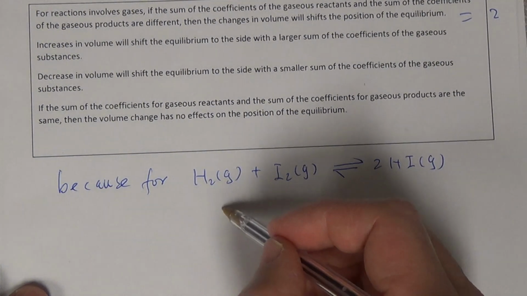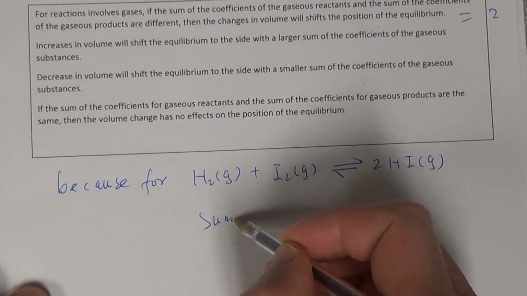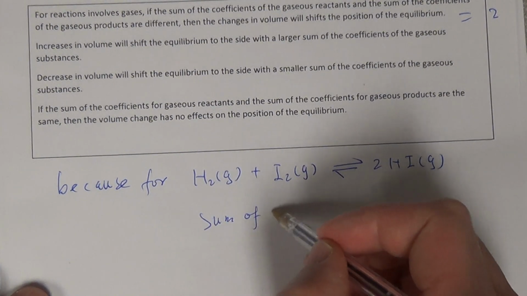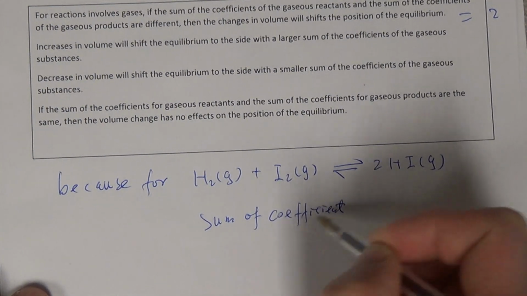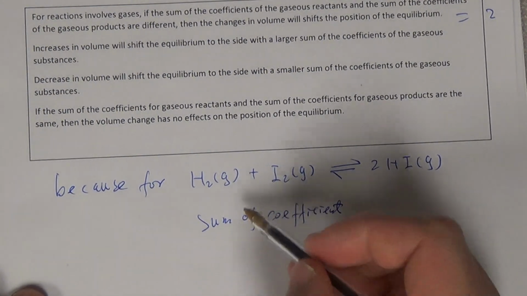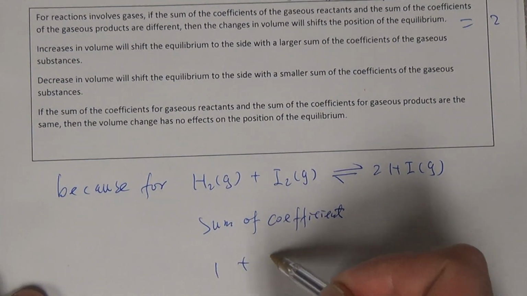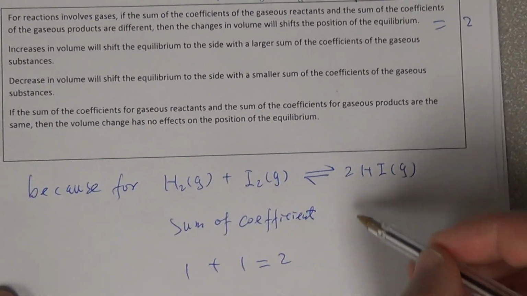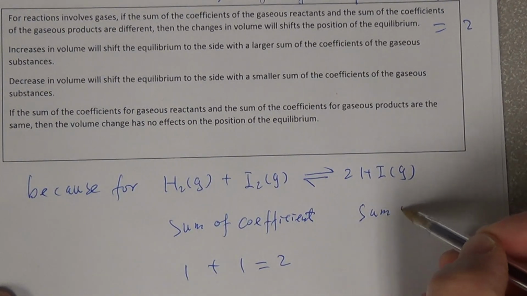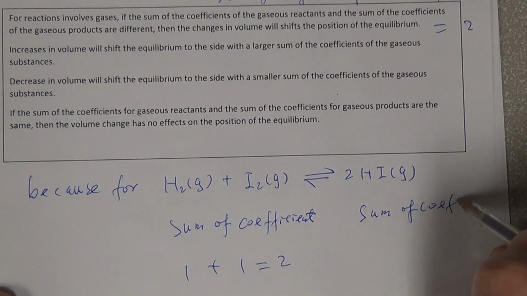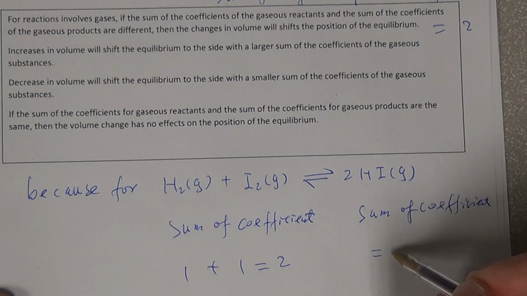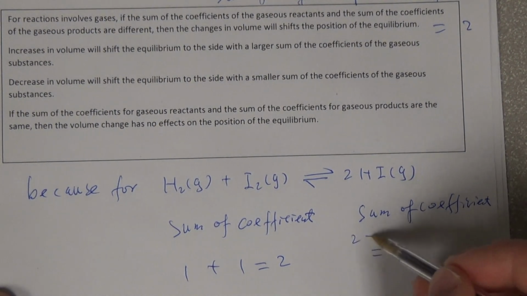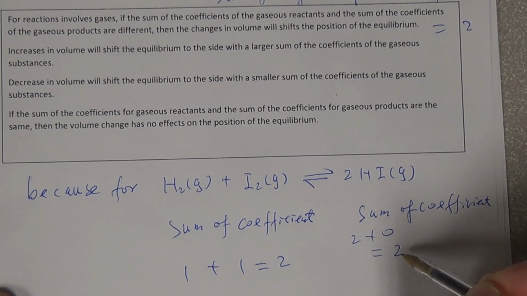So the sum of the coefficients for the reactants is 1 plus 1 equals 2, and the sum of the coefficients for the product is also 2 plus 0, which is also 2.